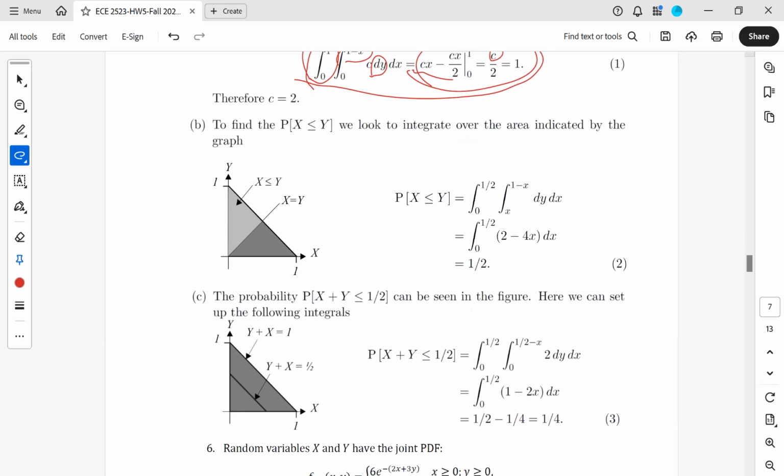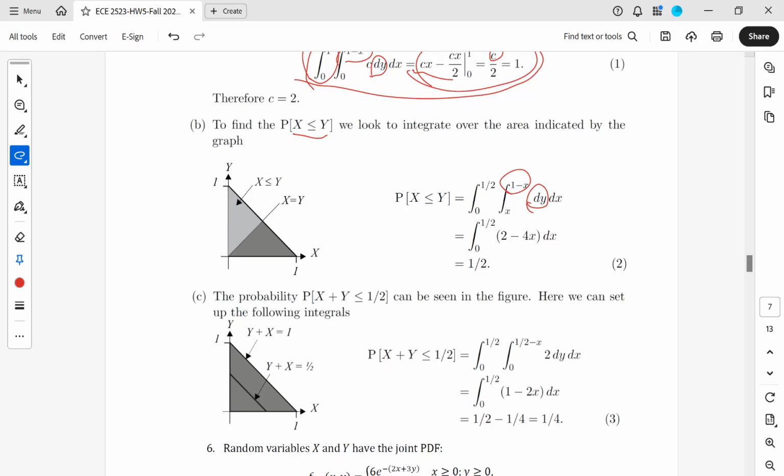For x and y, we know that y is limited by the event to values higher than or equal to x. So because of the event, the lower limit of the range of y is x. Also, because of the condition in our PDF, the upper limit for y is 1 minus x. It cannot exceed that value.